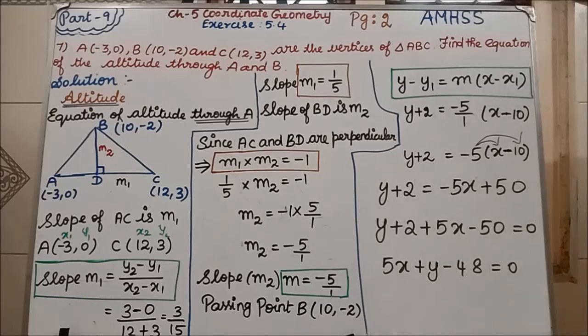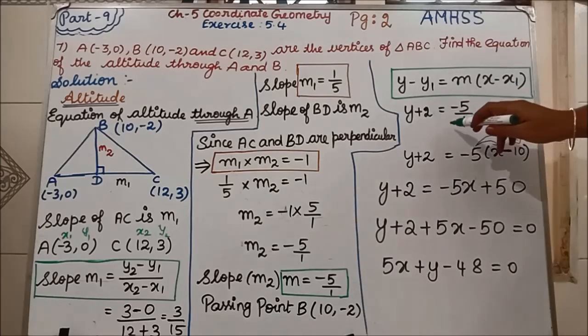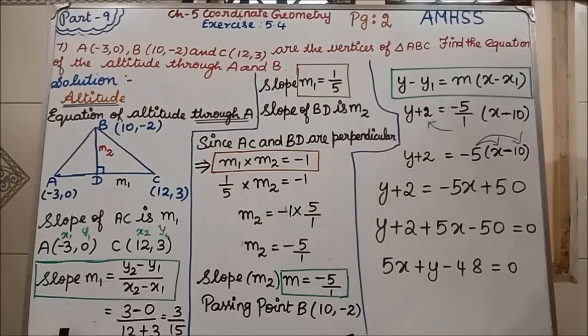Now if you cross multiply, we get 1 into (y plus 2), which is y plus 2, equal to minus 5 into (x minus 10). Minus 5 into x, and minus into minus is plus, 5 tens are 50.